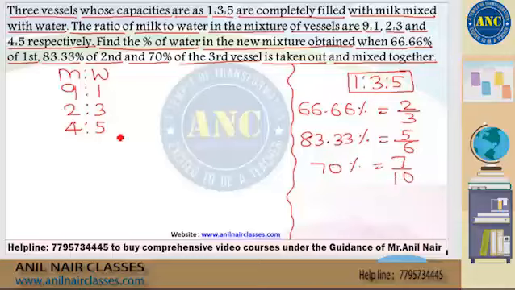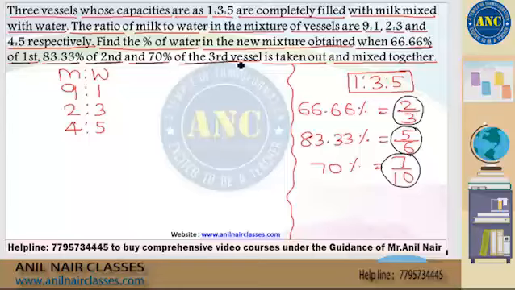Now, can I say that instead of telling you directly that the 3 mixtures are mixed in the ratio of 2 by 3 to 5 by 6 to 7 by 10, they are giving it a different way of statement, saying as when 66.66% of first, 83.33% of second and 70% of third vessel is taken out and mixed together. This is something which I explained with so many questions in my first session on mixtures. I believe it is clear.